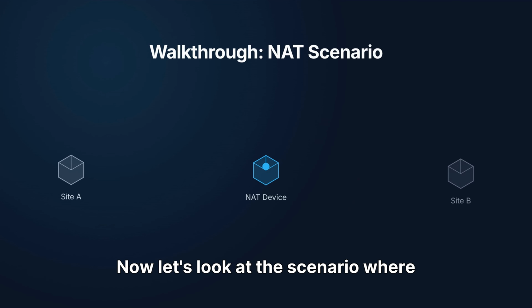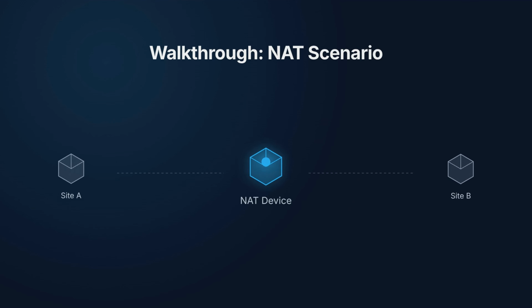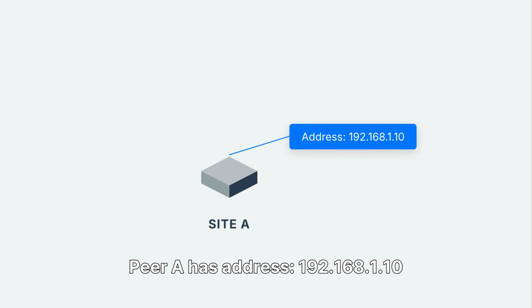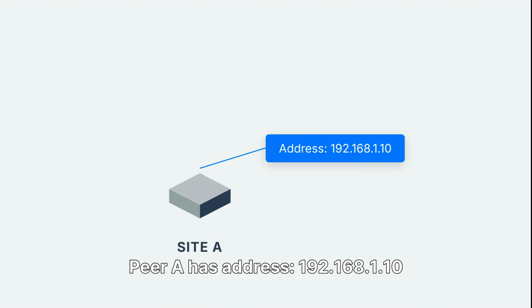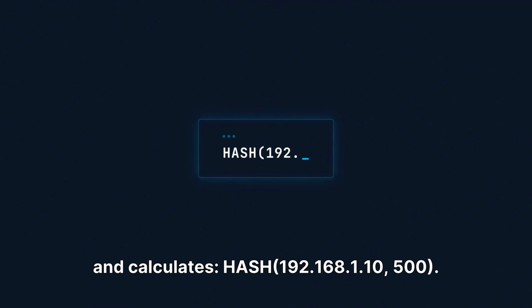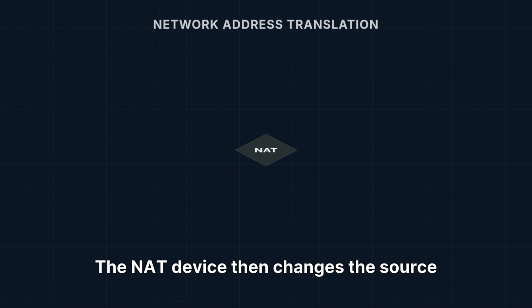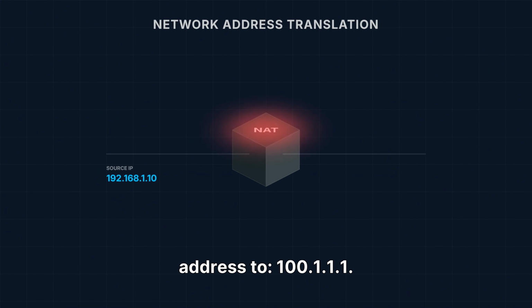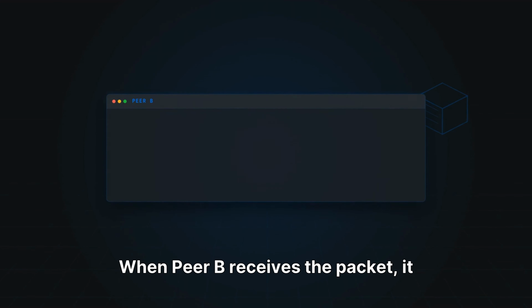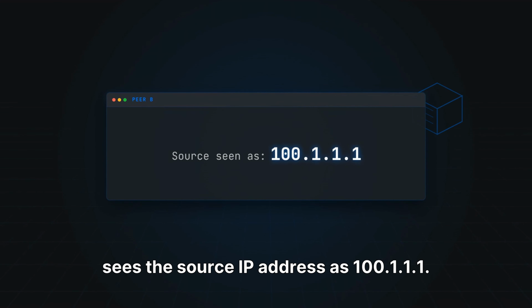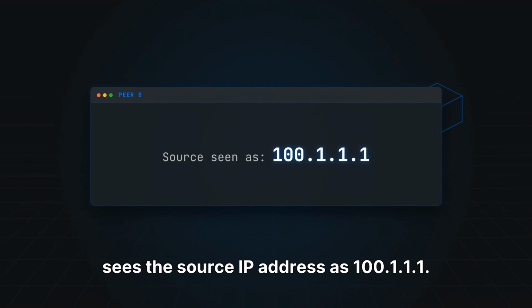Now let's look at the scenario where a NAT device is present. Peer A has address 192.168.1.10 and calculates hash of 192.168.1.10 and 500. The NAT device then changes the source address to 100.1.1.1. When peer B receives the packet, it sees the source IP address as 100.1.1.1.